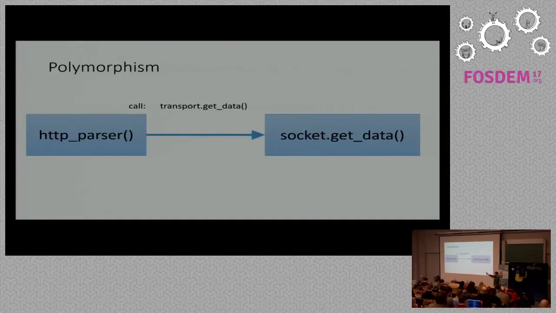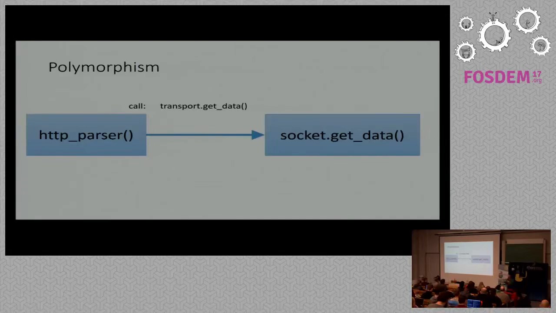So we have on the left our HTTP parser, and it calls on the right side our get data function, socket.getData, from the transport. But from the point of view of the HTTP parser, it's not calling that concrete class socket, but it's calling transport.getData.